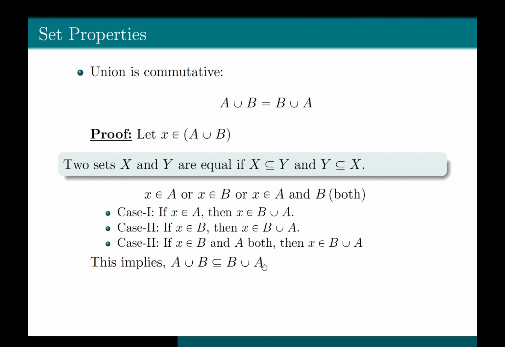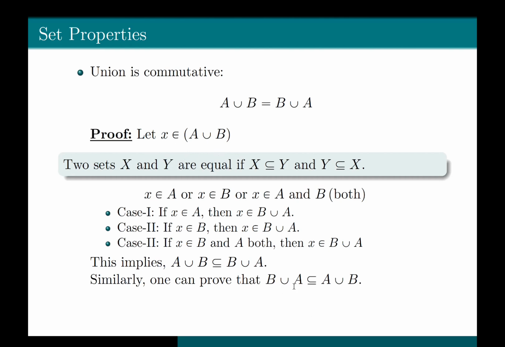So you will start by taking an element x in B union A. So we have to prove now that B union A is a subset of A union B. So we will prove this by taking an element x in B union A, similar to what we have done above.